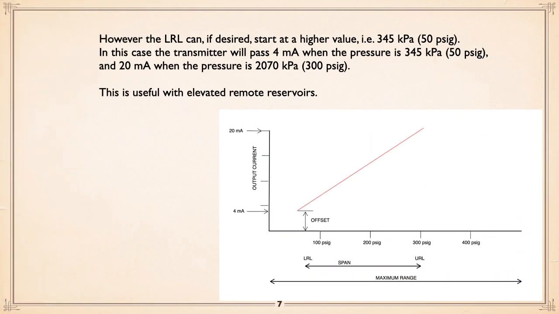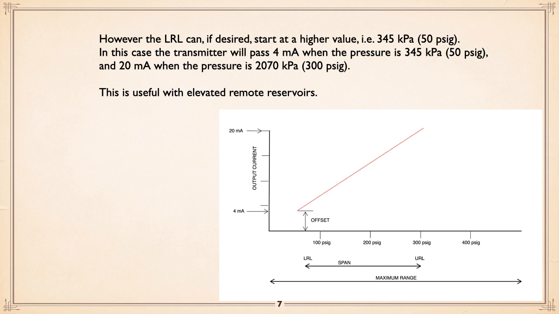However, in some cases, that lower range limit can actually be moved a bit. For example, let's say we're dealing with an elevated reservoir and we want the transmitter to output 4 milliamp at 50 psi. Okay, the transmitter will pass at 50 psi, where we're starting from, and ending up at 300 psi.